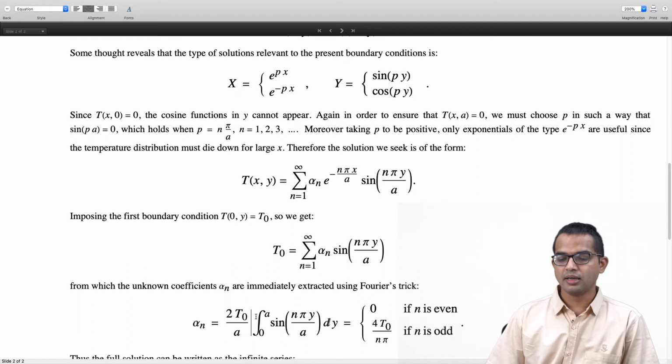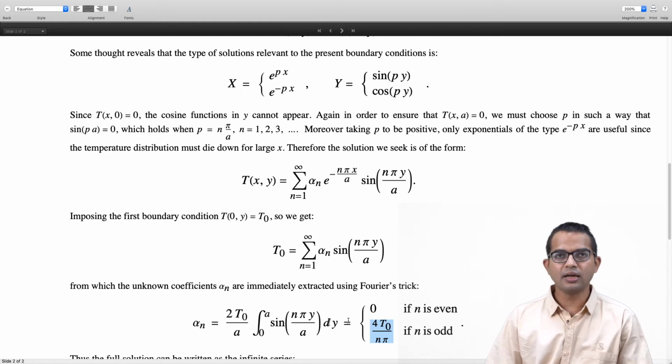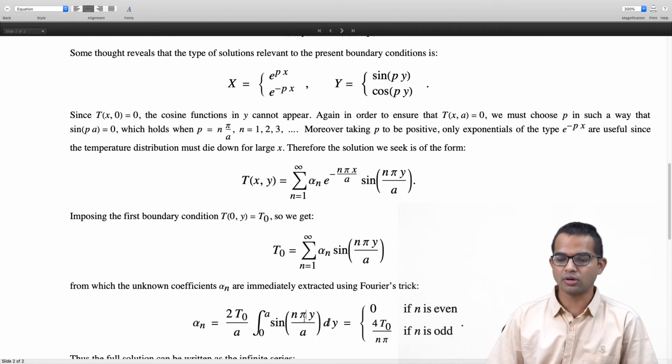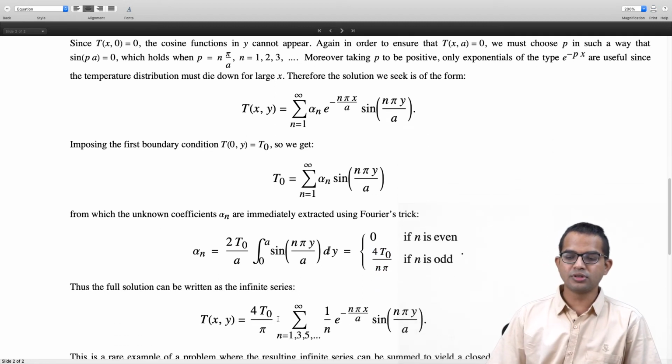You can check it, and then this integral itself is straightforward to work out, and you will get 0 whenever n is even, and you get this answer 4 times T naught divided by n pi. That will be a factor of a which will cancel with this a, and you will just get 4 times T naught divided by n pi if n is odd. So basically it falls off with n as 1 over n, and then there is this factor 4 T naught by pi. So the full solution can be written down.